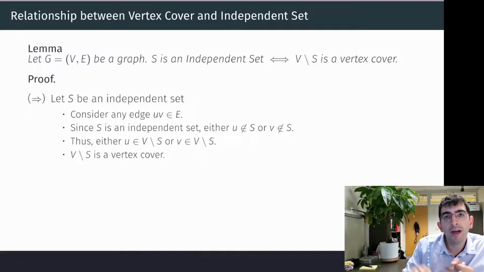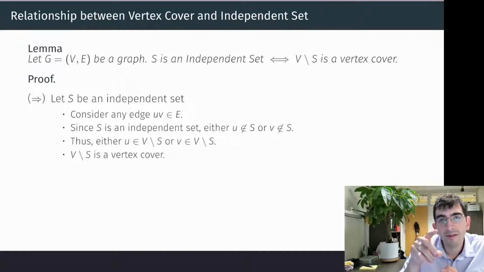We know there are no edges that go between the nodes of the independent set, right? So every edge has one endpoint that is not part of the independent set.